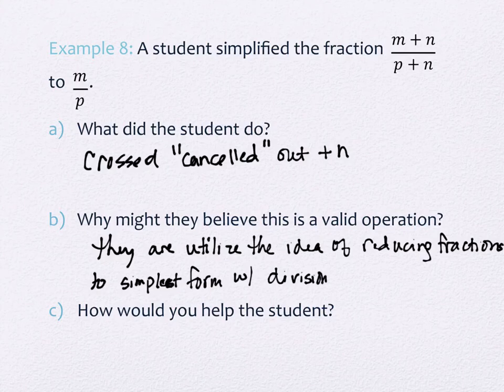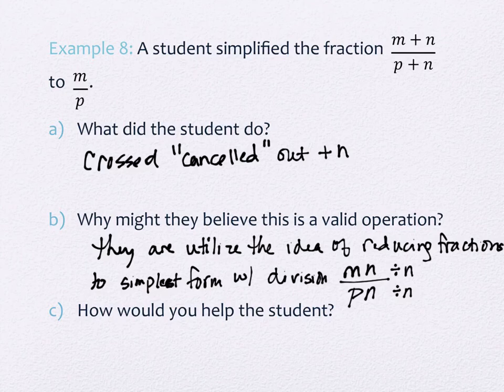So if it were mn over pn, if it looked like this and didn't have the plus between, it was actually multiplication that was happening. We've marked them out, but what we're really doing is dividing them both by n. That's what happens when we mark out a multiplication with simplest form: we're using division.